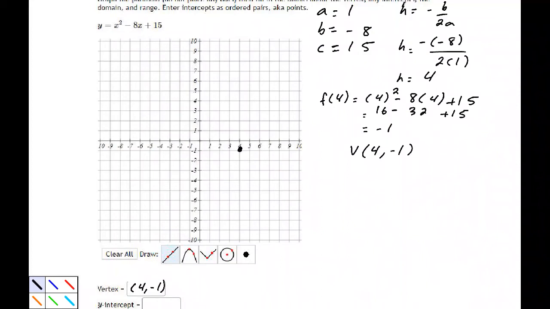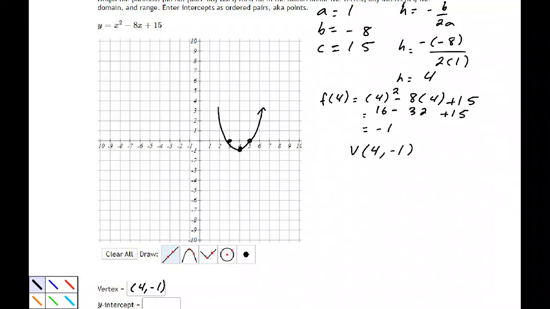Now, my a value was 1, which means that this graph, because a is positive, opens up. So starting at (4, -1), I'll go up 1 to the right 1, that is at (5, 0). And up 1 to the left 1, that will be (3, 0).